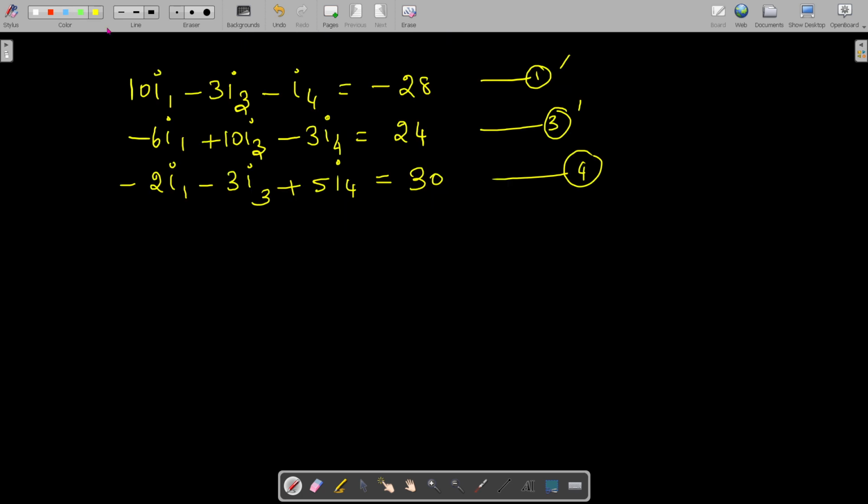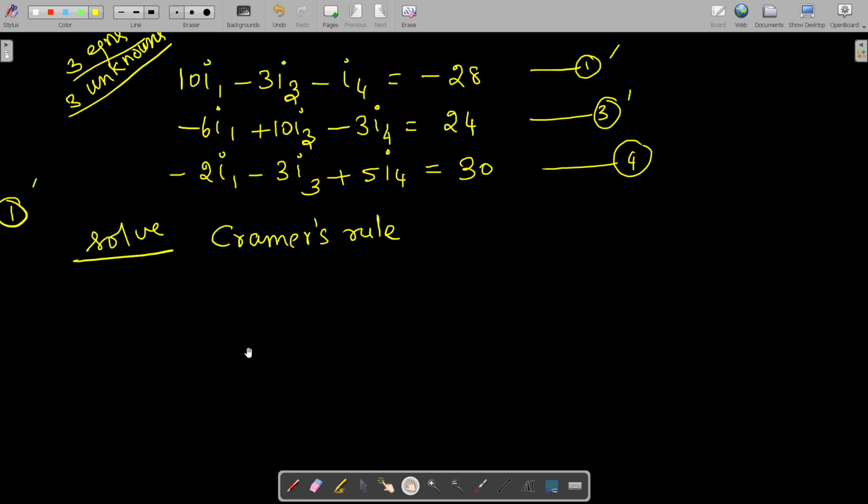So now we get all the 3 equations together with the 3 unknowns. So now we are going to solve this. How to solve this? I'm going to use Cramer's rule. I'm going to write all these 3 equations in matrix form. So writing the coefficients of I1, I3 and I4: the first row is 10, minus 3 and minus 1.